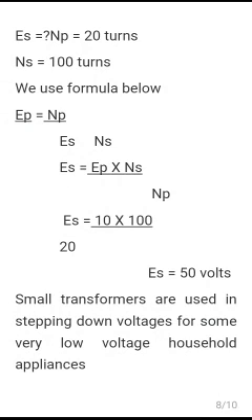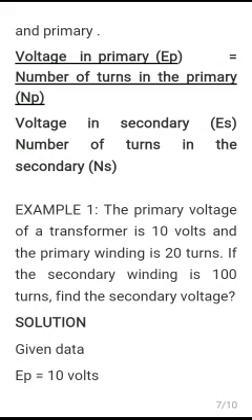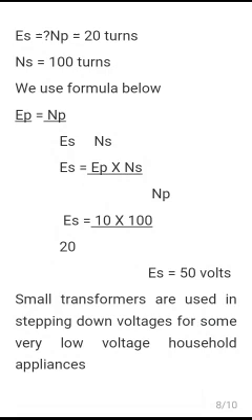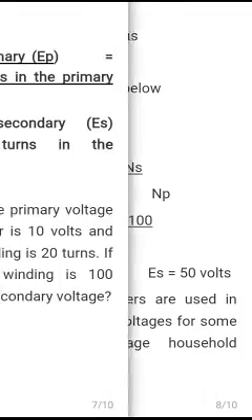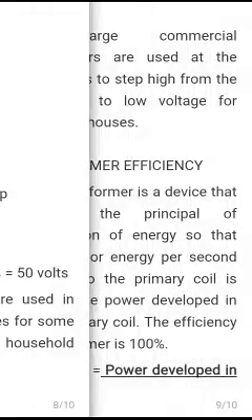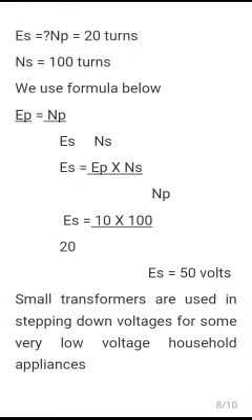So for this transformer, the primary voltage from the question is 10 volts, and from our answer here, the secondary voltage is 50 volts. So they may ask you, which type of transformer is this? This transformer is a step-up transformer. It has increased the 10 volts that enter into it to 50 volts.